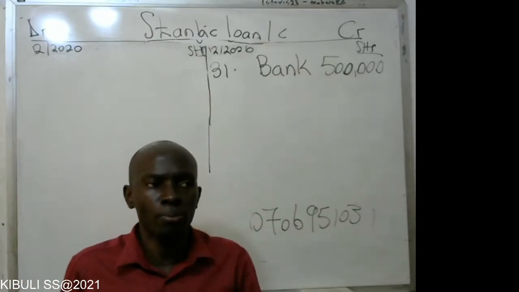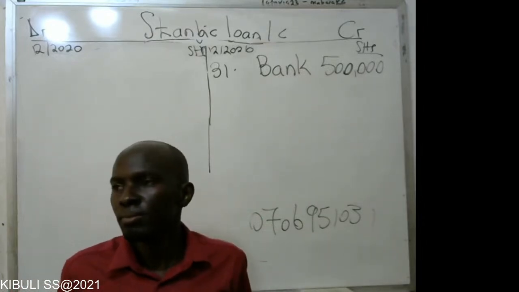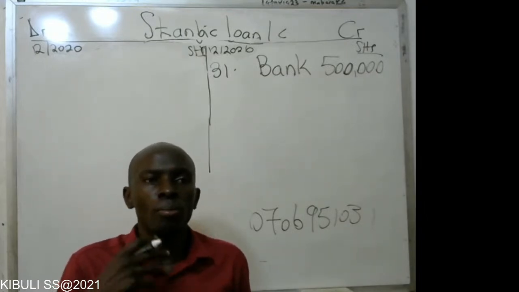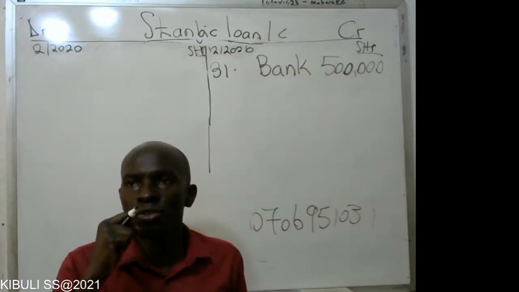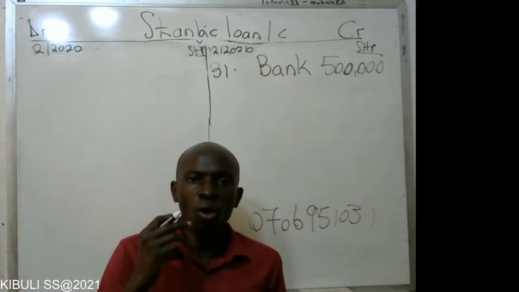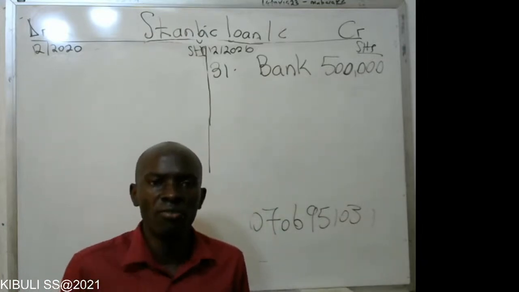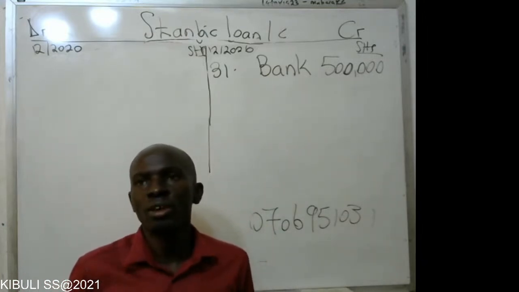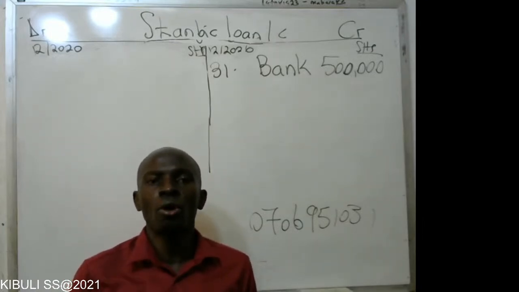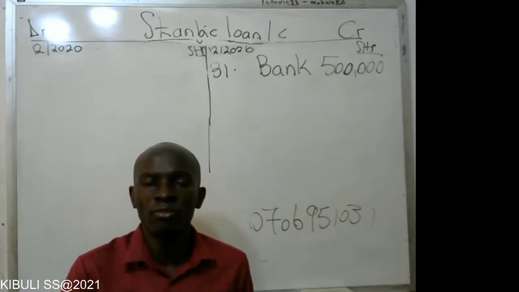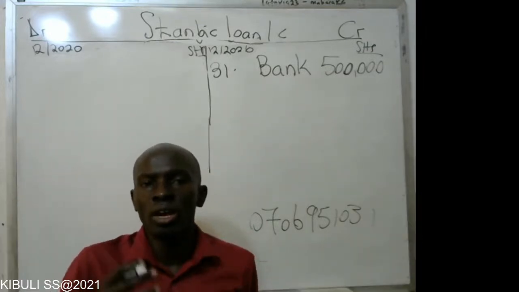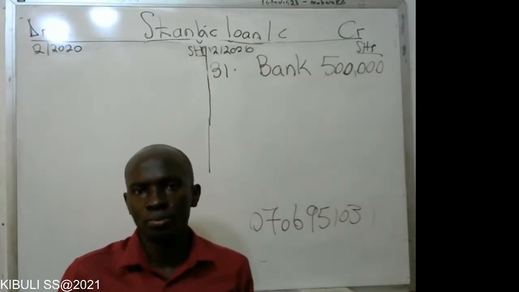So I hope you have learned something great when it comes to preparation of a 2-column cash book, as well as opening up the relevant ledger accounts. And you don't stop at that. You proceed and also balance the different ledger accounts, including also the cash book.